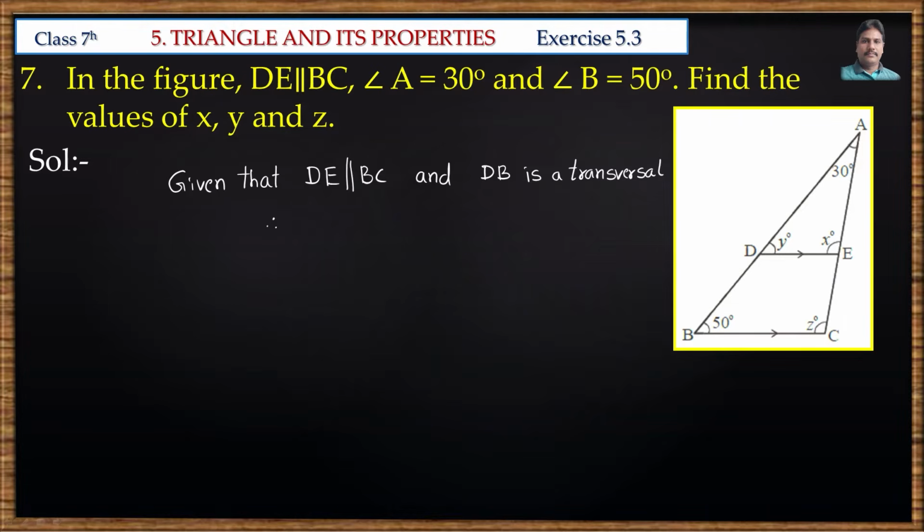Therefore, y degrees is equal to 50 degrees because they are corresponding angles. Corresponding angles are equal. In the previous exercise, we have learnt about the parallel lines, transversal and these corresponding angles.